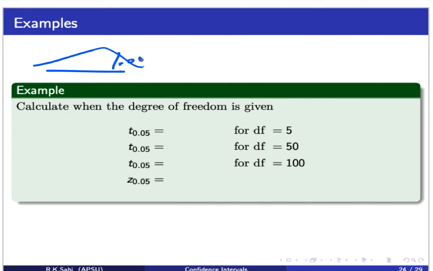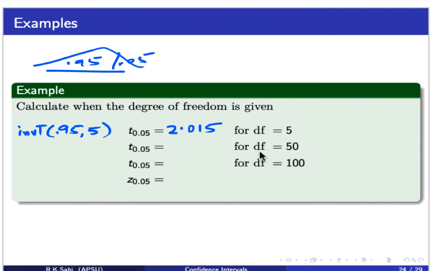So 0.05, which is 0.95. Now, the first one is inv t 0.95. The degrees of freedom is 5. Okay, so when you plug in the calculators, and I would like you to do this on your own to check the answers, what I get is 2.015.